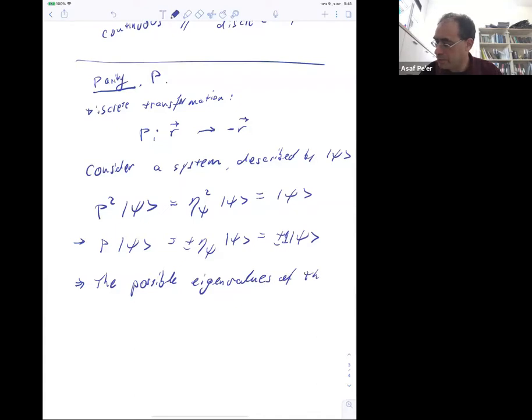Is there anybody here who is not familiar with these basic concepts of quantum mechanics, eigenvalues, etc.? Is there anybody like that here? No. Okay, I'm glad.